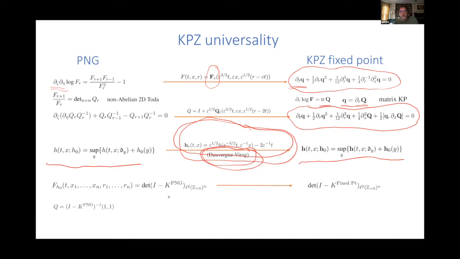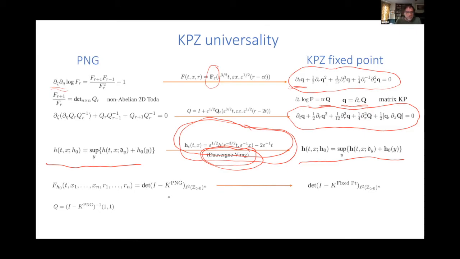They have a method to prove these variational formulas converge to the limiting variational formula for a bunch of other models, and it'll actually work for this model. So as long as H0s are compactly supported, that just means they're minus infinity outside of some finite box, then this is proved. So our goal here isn't exactly to prove that PNG goes to the KPZ fixed point, but to find the integrable structure of the KPZ fixed point in a microscopic model.